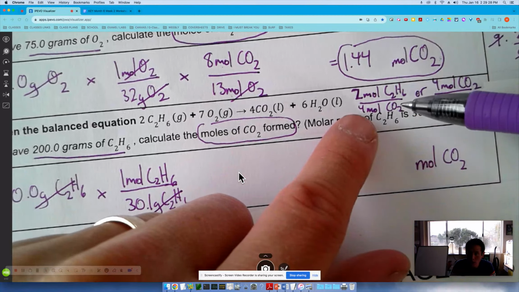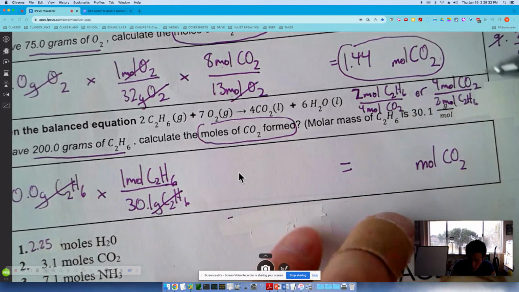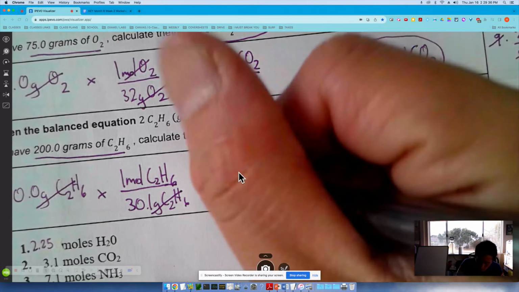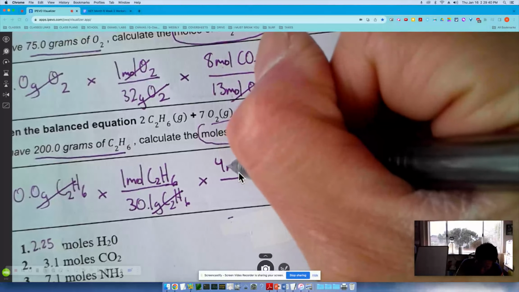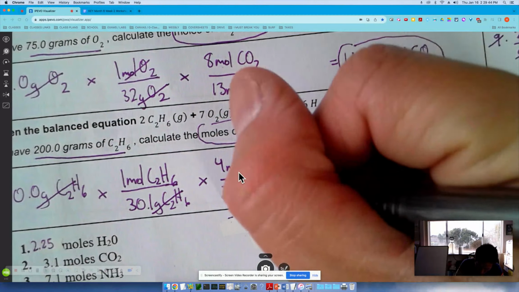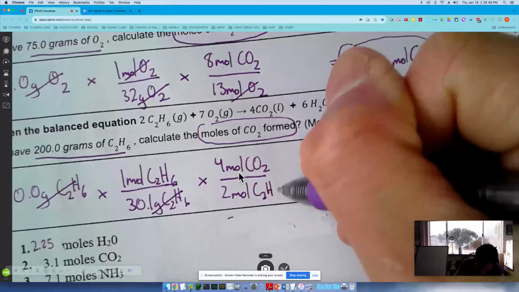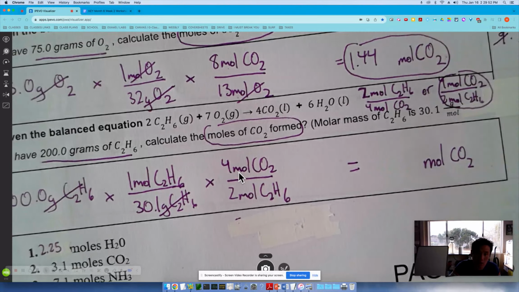Is it this version or this version? I'm going to tell you right now, it's this version. Let's go ahead and write that, and I'll re-explain once again. 4 moles of CO2 on the top and 2 moles of C2H6 on the bottom. Sorry if I misspoke.